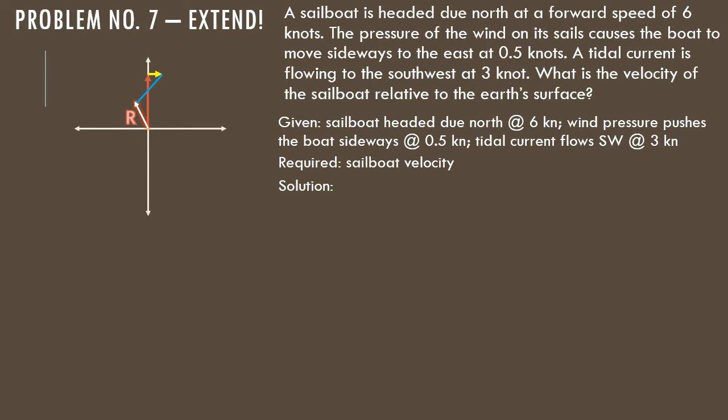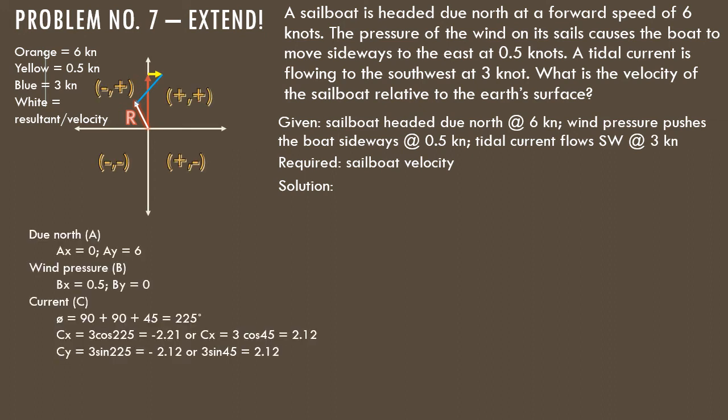So, andito na siya. Ito na yung final location. So, the values are, yung orange is yung 6 knots, yellow is 0.5 knots, yung blue is 3, and yung missing is the resultant or the velocity.